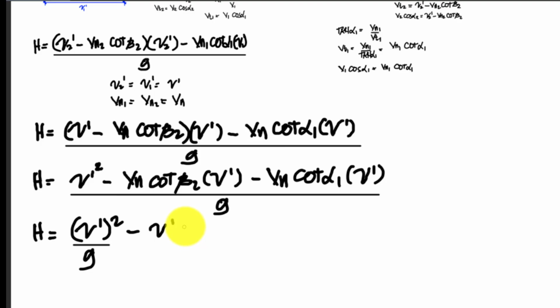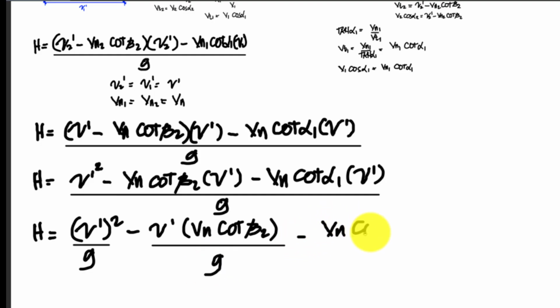And here, that will be times the normal velocity, we have cotangent of beta 2, and this is over the gravity. And this is the normal velocity, cotangent of alpha 1 and velocity of the vane, and this is all over the gravity.